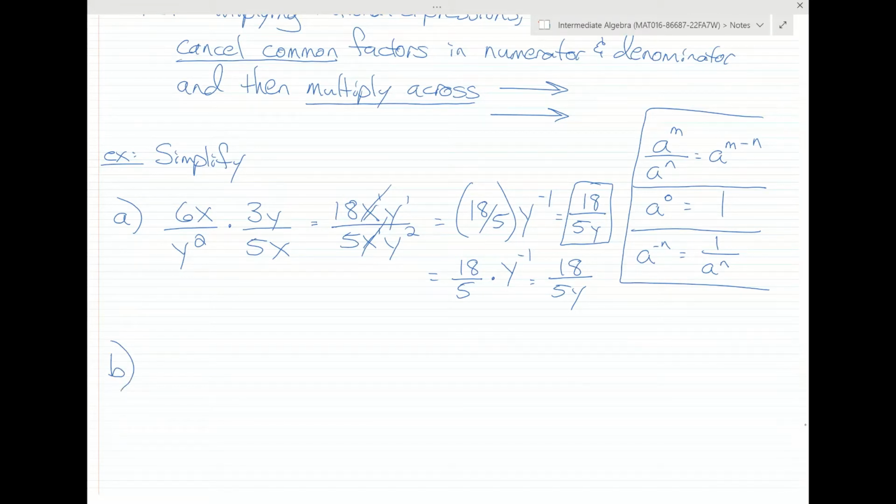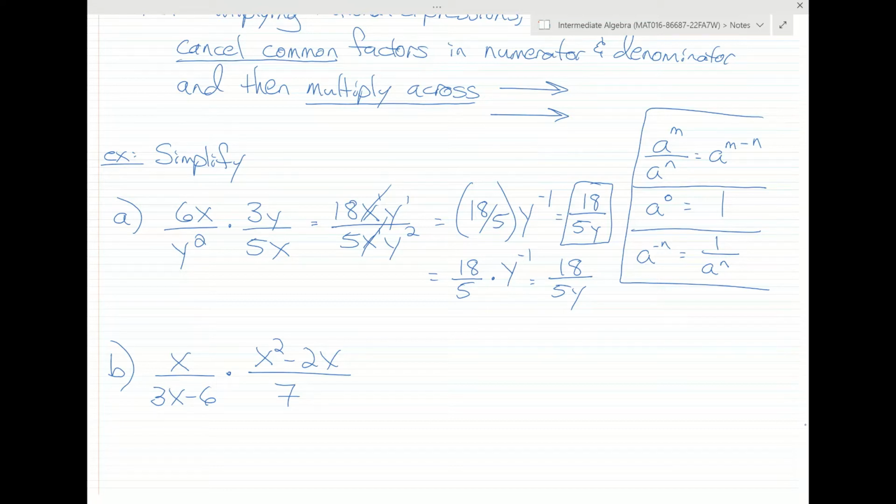What if we had x over 3x minus 6 times x squared minus 2x over 7. Remember, the first step was to factor.